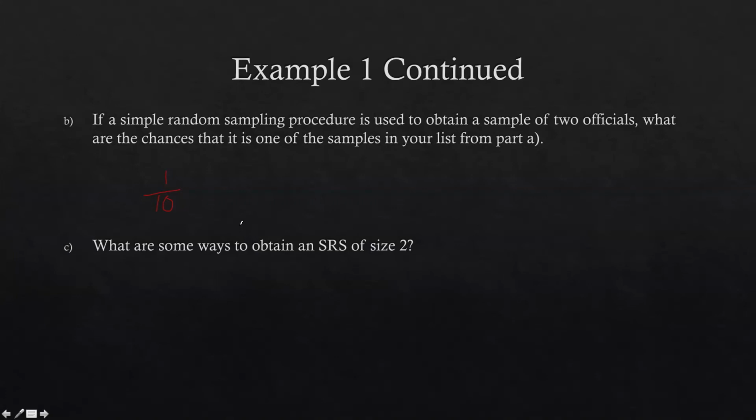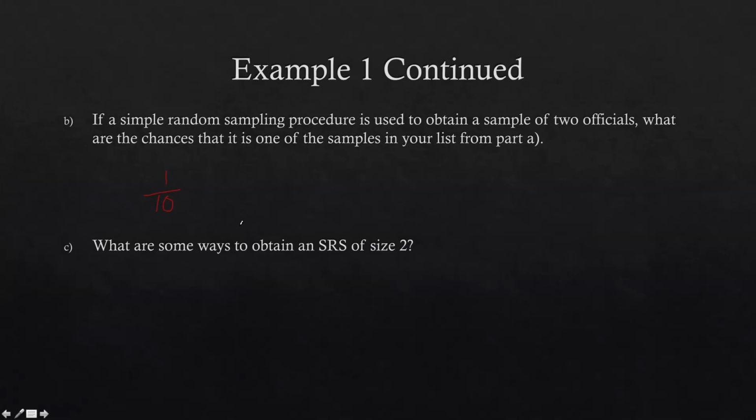It would be kind of like finding the probability. You have a partial over total. You're trying to find what you're looking for, which is 1 sample, and we have 10 total samples that we just wrote out. So you would have a 1 in 10 chance of getting one of those samples with a simple random sampling method.